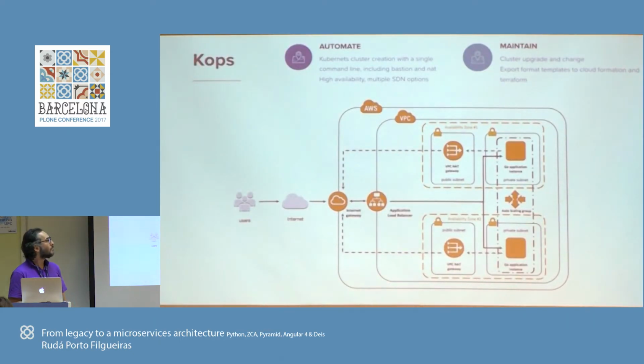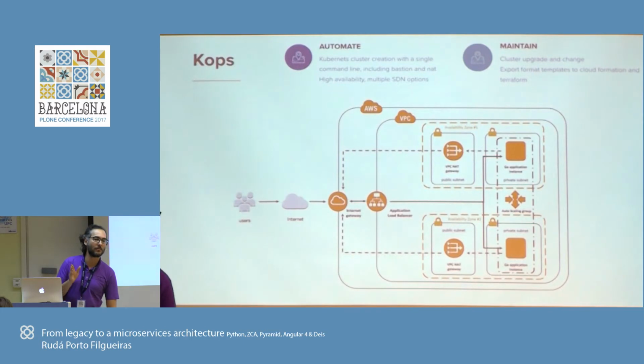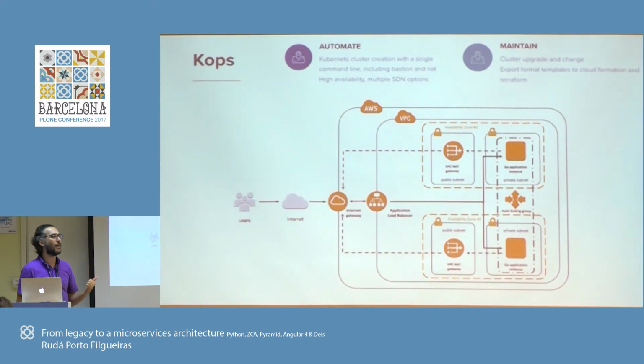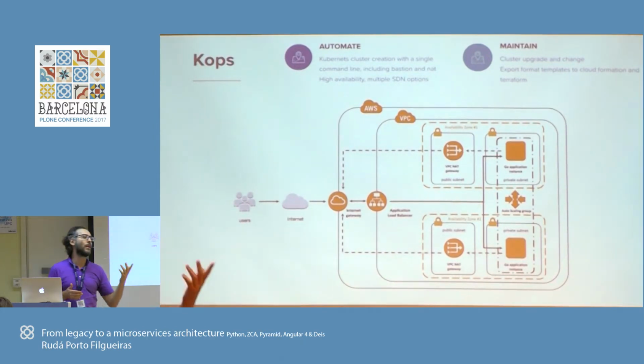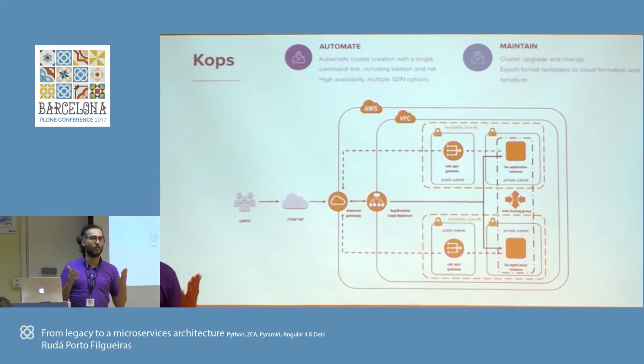One of the great things that we did not use from the beginning, but discovered in the last month, was this tool from Kubernetes, KOps. I really recommend you check this tool, Kubernetes Ops. It's a tool with which you can easily create Kubernetes clusters with just a one-line command on Google or Azure or AWS.